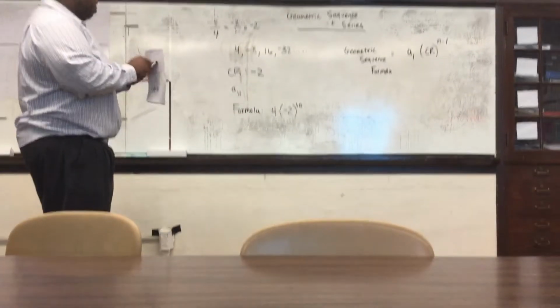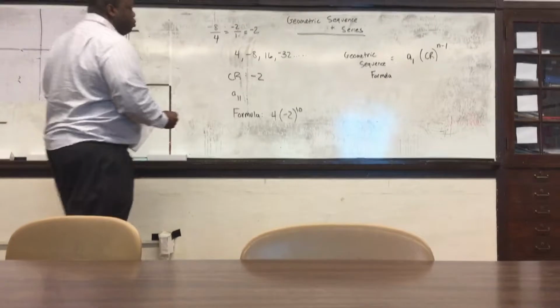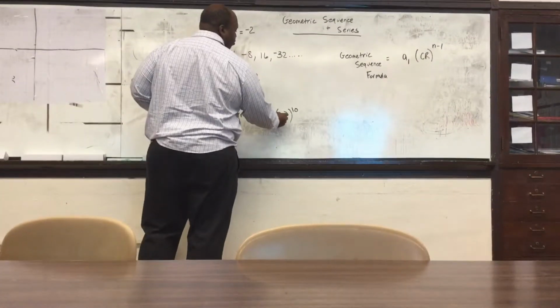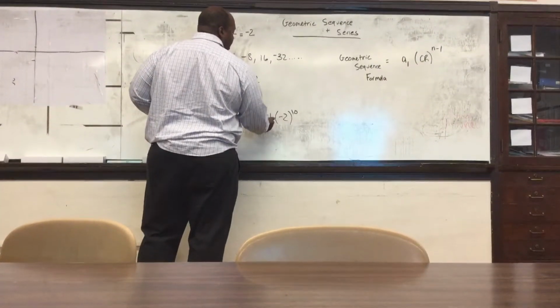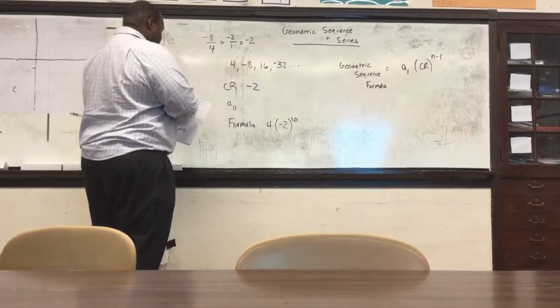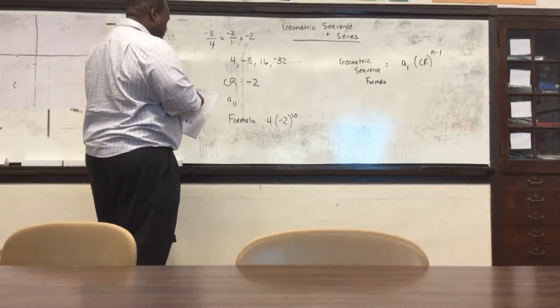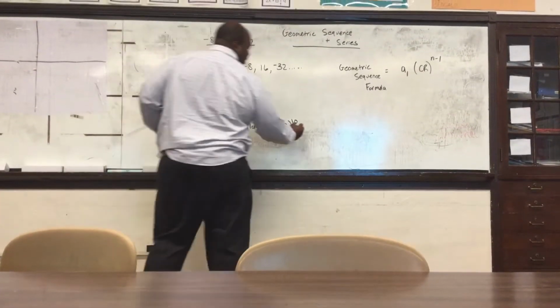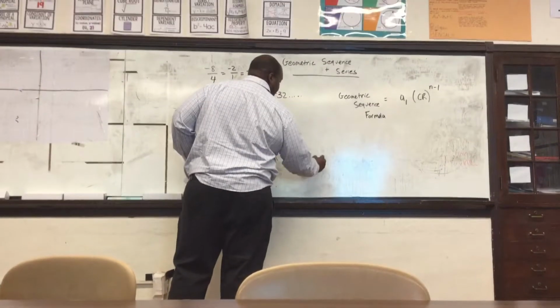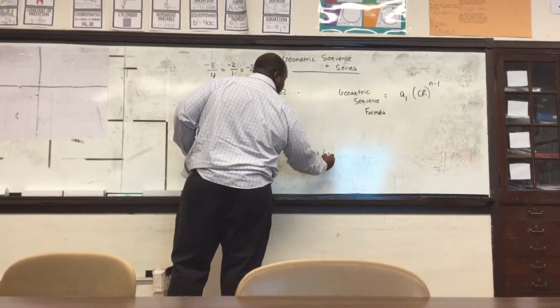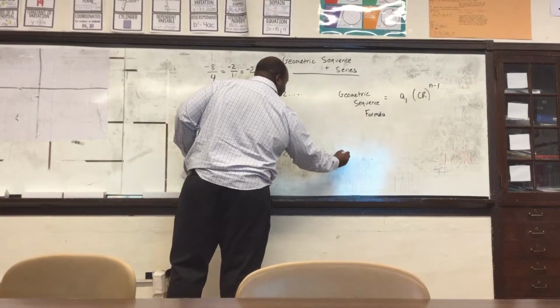If you don't know PEMDAS, you should do the exponent first. So you want to do -2 to the power of 10, and then multiply by 4. So -2 to the power of 10 will give us 1,024.